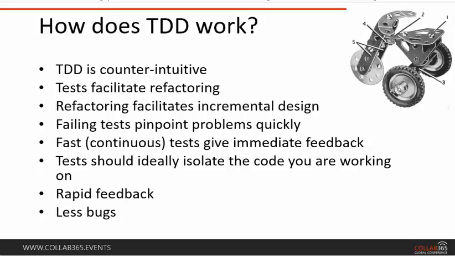And the tests, if they're written well, will isolate the code that they apply to. So when you get a failing test, it pinpoints where the problem is and gives you very quick feedback on where your errors are. So that's probably, in combination, what makes TDD so effective, even though on the face of it it looks as though it should be causing you more work.